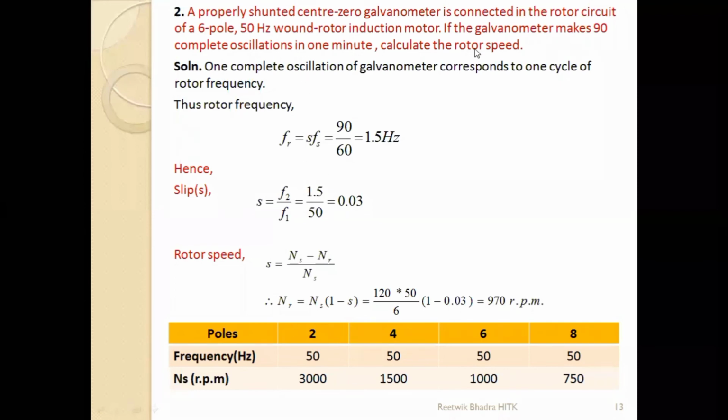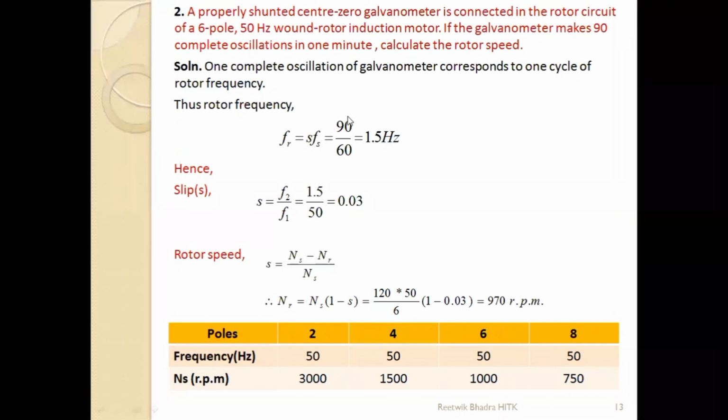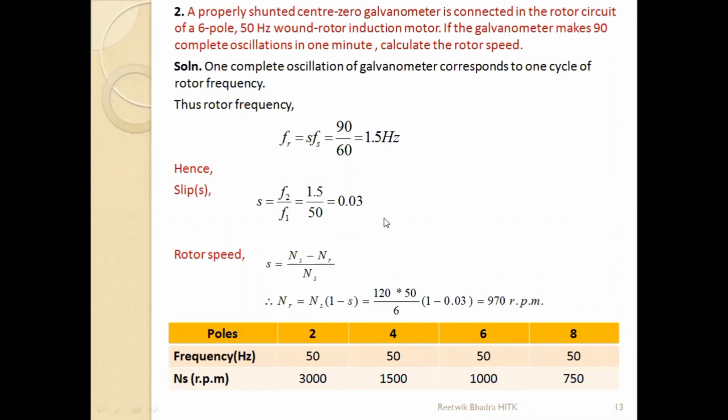Now what is my objective? They have told us to calculate NR, the rotor speed. I can calculate S. You know S is equal to F2 by F1, or we can write FR by Fs. Fs is 50 hertz, so 1.5 by 50, that gives you 0.03. Then another formula of slip is Ns minus Nr by Ns.